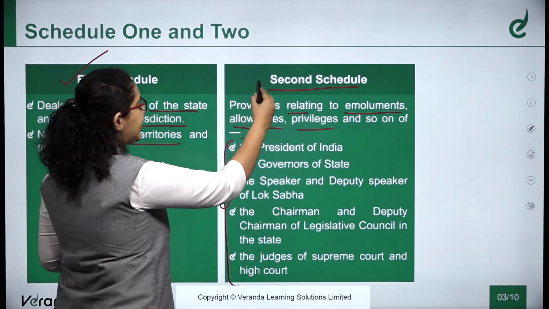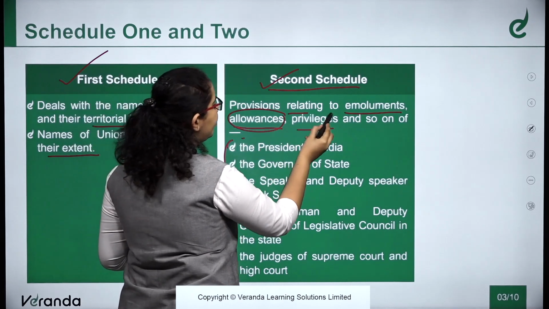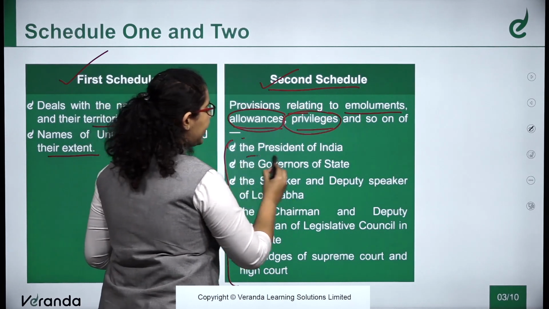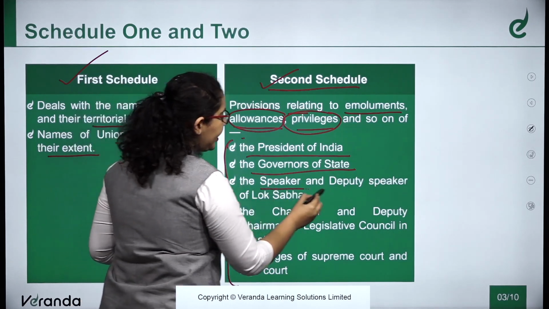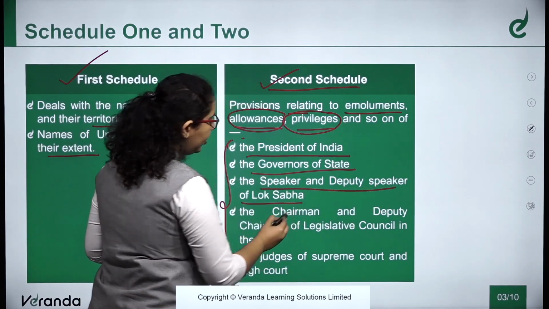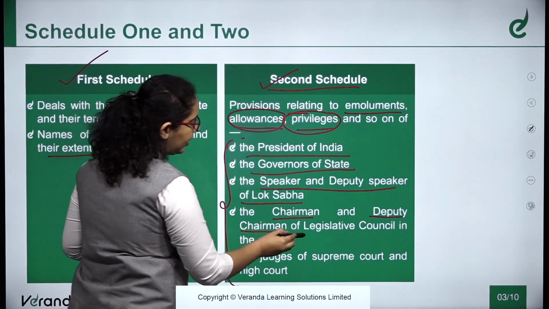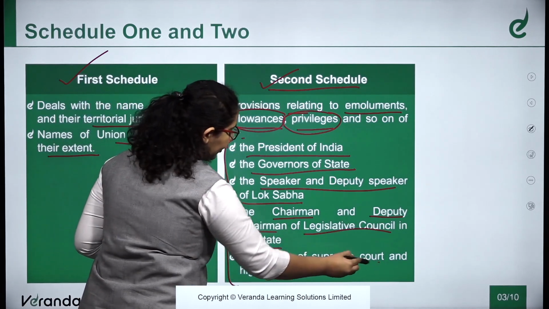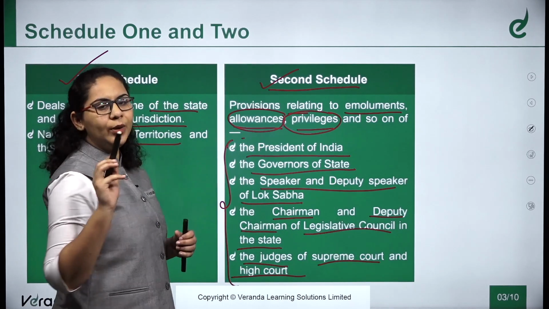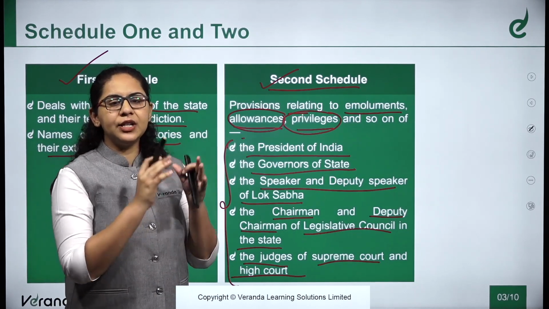So Schedule 2 has emoluments, allowances and privileges of President of India, governors of states, Speaker and Deputy Speaker of Lok Sabha, the Chairman and Deputy Chairman of Legislative Council in the state, the judges of Supreme Court and the High Court. You will get question, for example, whose all salaries are discussed in Schedule 2.